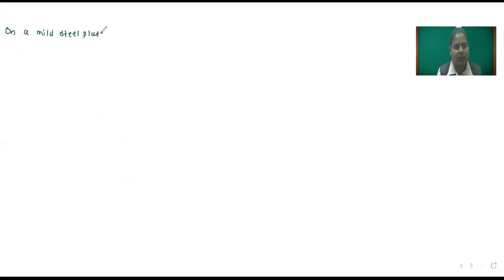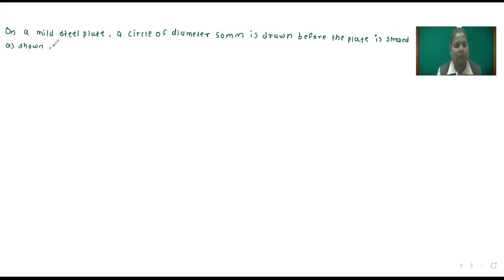On a mild steel plate, a circle of diameter 50 mm is drawn before the plate is stressed, as shown in the figure.